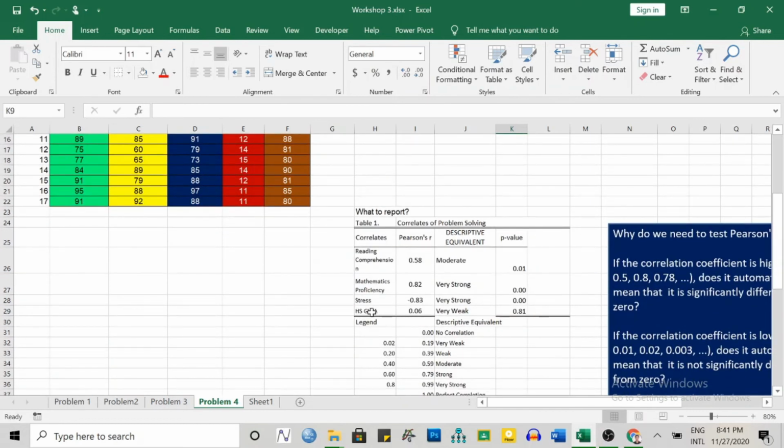For the last correlation between problem solving and the high school general weighted average, the score is really low. It's 0.06. When we tested whether it's significantly different from 0 or not, the answer lies in the value of the probability result. It's greater than 0.05. This means that the coefficient is indeed equal to 0.